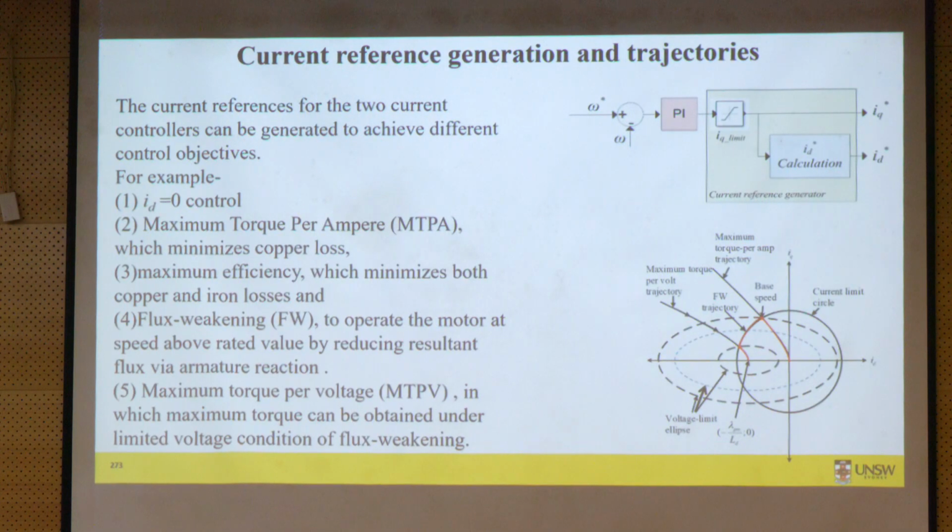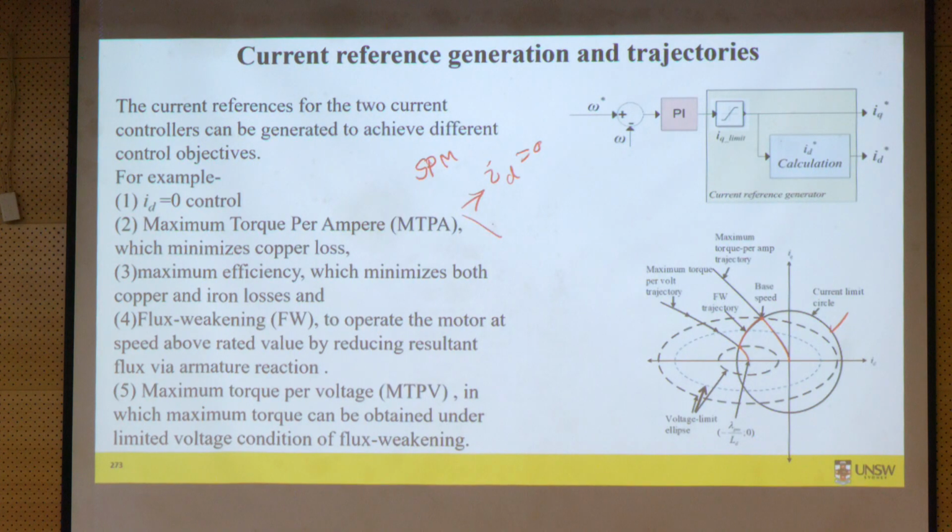Now before we move to that, let's also look at IPMSM. So we have the current limit, we have the voltage limit ellipses, and if we now want to run it in maximum torque per ampere, MTPA control, in the case of SPM, MTPA control is simply Id equal to 0, okay, for SPM.